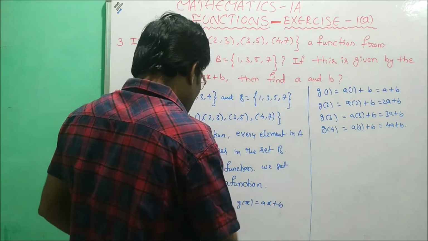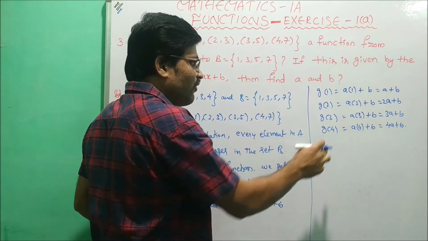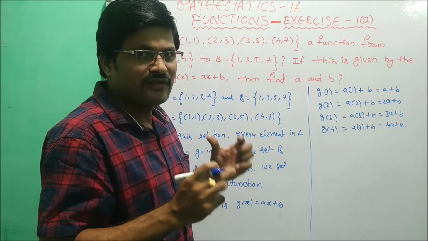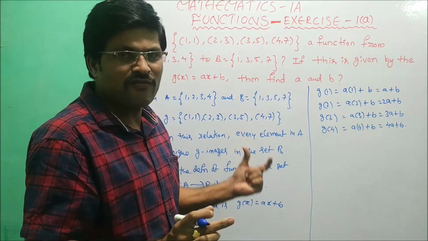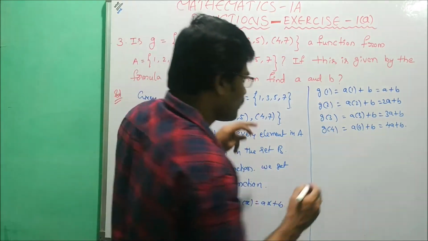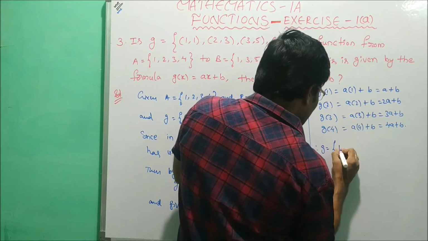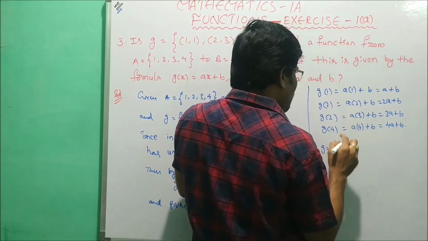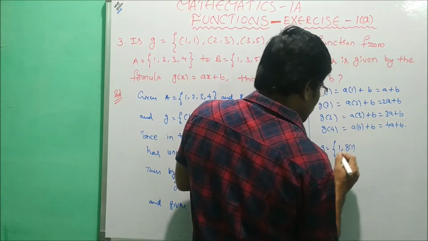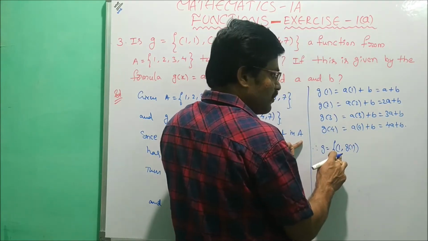Now we write 1, 2, 3, 4 and G1, G2, G3, G4 in curved brackets, those are ordered pairs which form one set, that is G. Therefore G equals, here we write the domain and images: 1 and G of 1 in curved brackets.